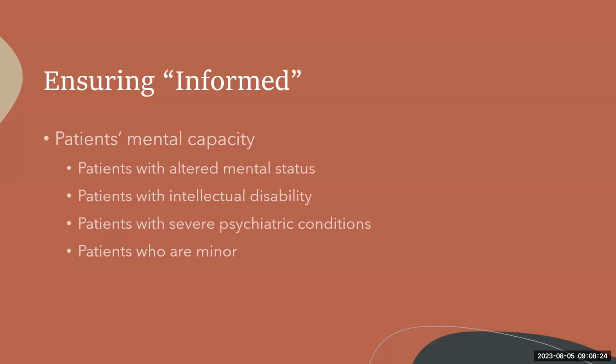So you might need to find an alternative person to obtain consent from. And then lastly, the patients who are minors. So a child, you will need to obtain consent from their legal guardian instead.